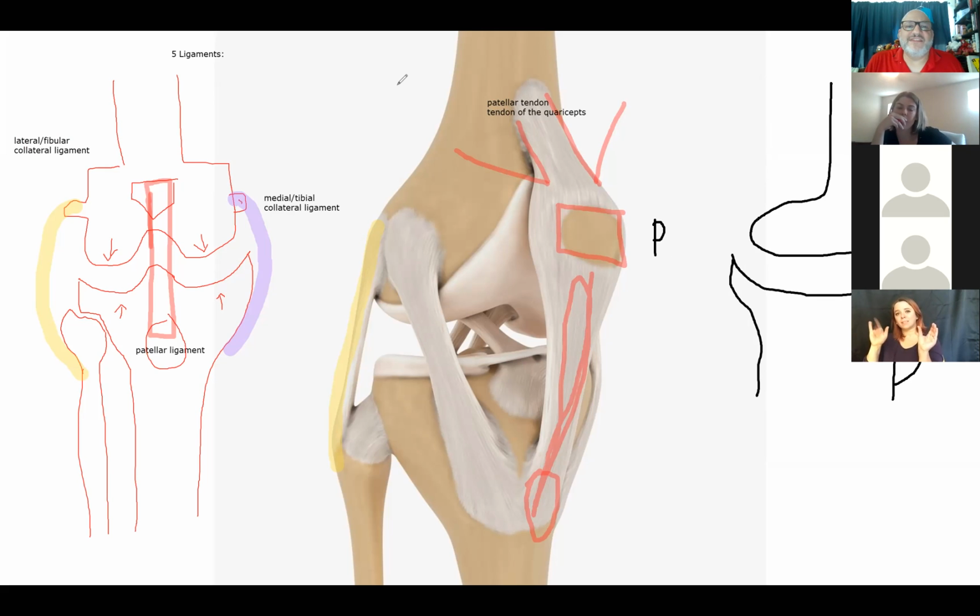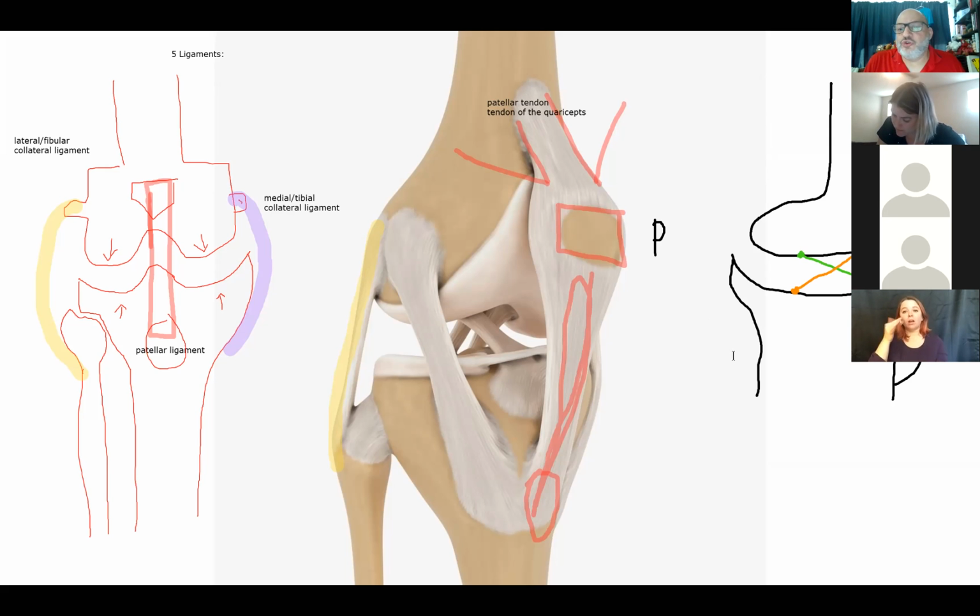And if you notice, inside of the knee, there are two ligaments, and these ligaments cross. One attaches to the front of the tibia and attaches to the back of the femur, while the other one attaches to the back of the tibia and attaches to the front of the femur.